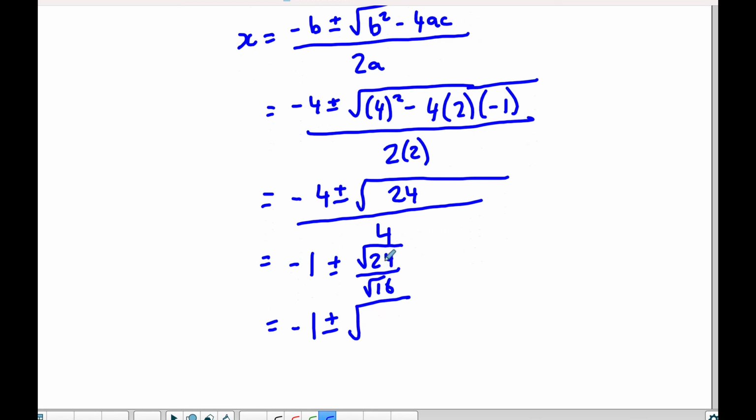So it's going to be root 24 over 16. And inside that radical, this fraction can reduce. So it's going to be negative 1 plus or minus root 3 over 2. And so the roots of the equation are x is equal to negative 1 plus root 3 over 2, and x is equal to negative 1 minus root 3 over 2.